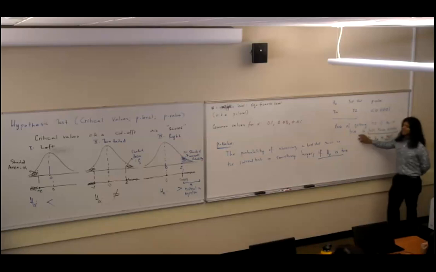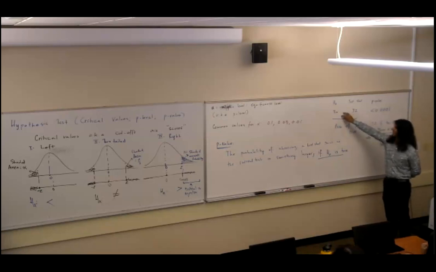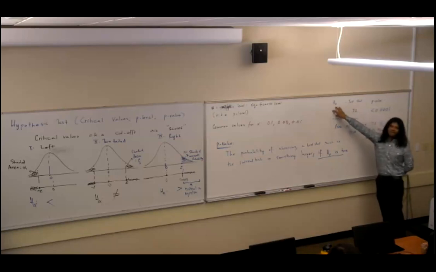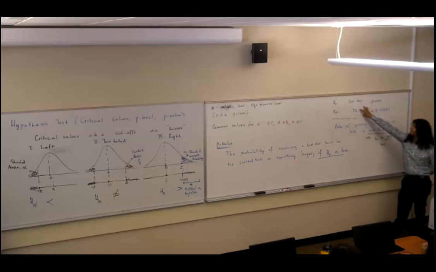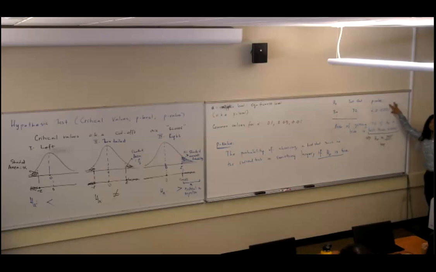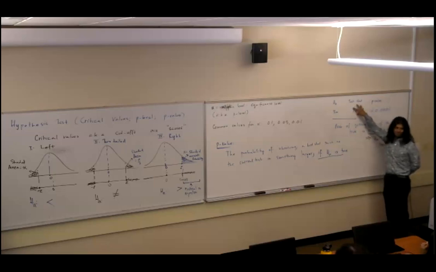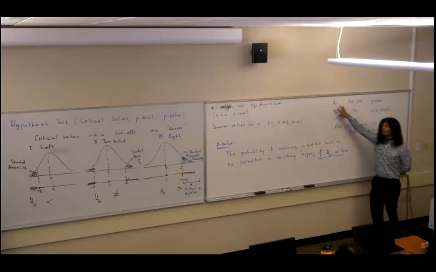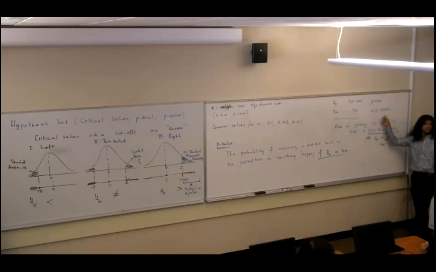Okay, if you read this statement, if I say it is true and I get a test statistic of 7.2, the chances of that happening is highly unlikely. Correct. So either this is wrong, or that is wrong, or both of them are wrong. Correct with me? Because the chances of this scenario happening is extremely small. Agreed. So one of them or both of them has to be wrong.